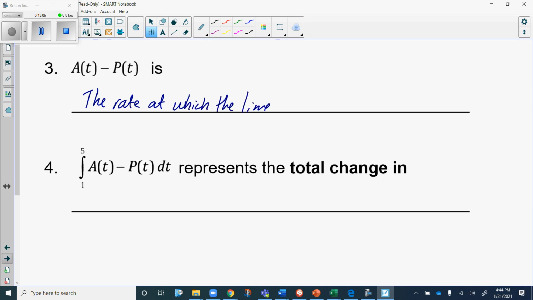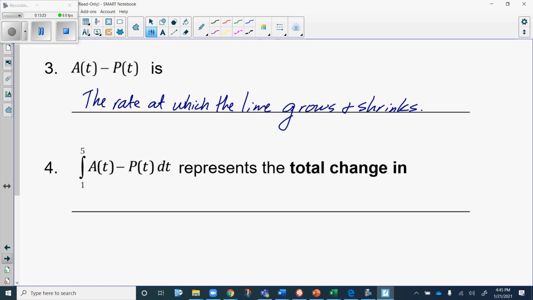You know, because here, A, we're arriving, and P, we're purchasing our tickets and then leaving.